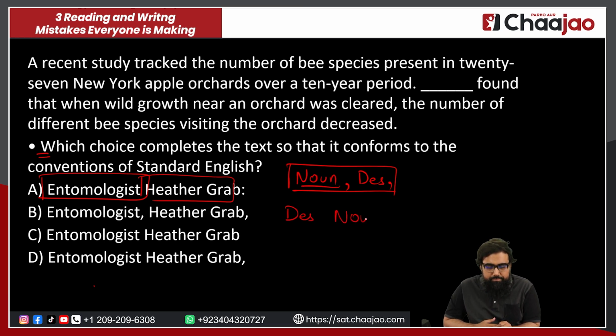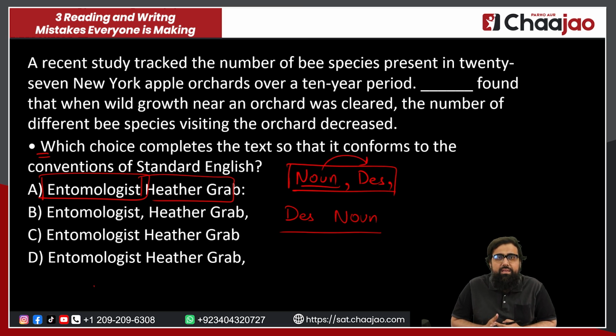For example, if I say Alan, president of a certain company, is planning a trip, so that president of a certain company is the description of that particular noun, I have to write it between 2 commas. But if I write that president of a certain company before the name, so I write president of a certain company Alan is doing something, that will not have any commas, right? So that is what you have to remember. If the description is after the noun, it has to be between 2 commas. And if the description is before the noun, it will not have any commas.